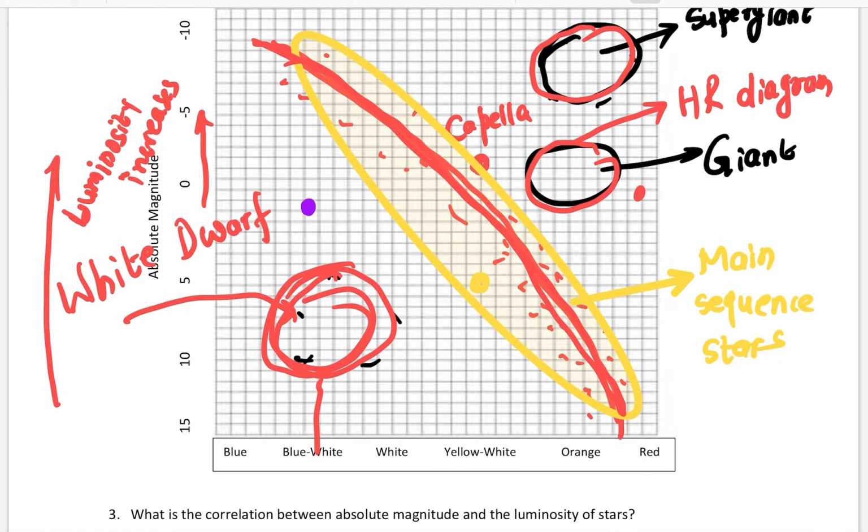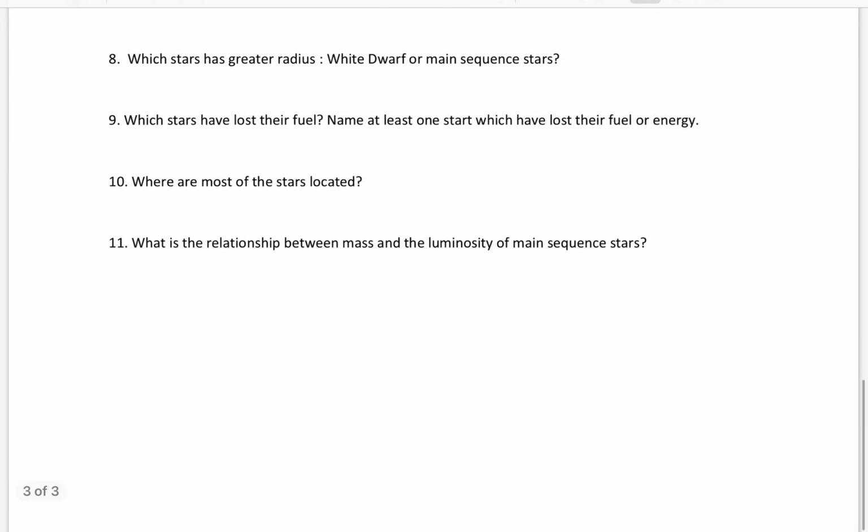So through nuclear fusion, the stars are generating energy. So these main sequence stars are still burning their energy, converting the hydrogen into the helium. So that is called the nuclear fusion process. So most of the stars lie under this main sequence.